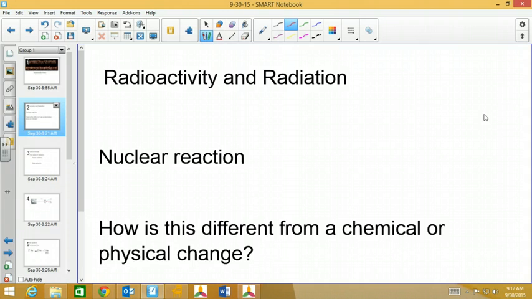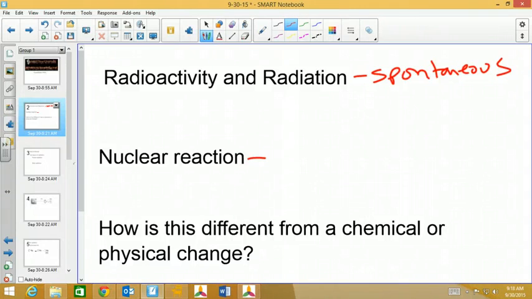So it's spontaneous. And it's emitting, you said what? Radiation. Okay, so then radiation is the rays and particles emitted. Rays and particles. We're going to talk about those today, the different pieces of that.